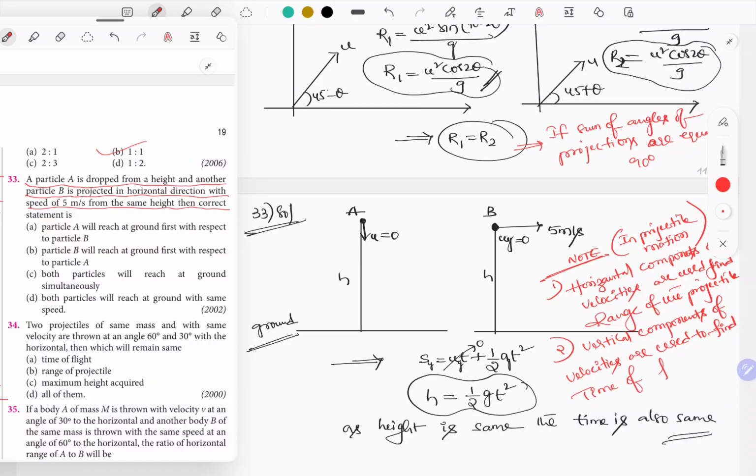Remember, these are used to find time of flight. Hope you understood. So remember these two points carefully. Horizontal components of velocities are responsible for range. Vertical components of velocities are responsible for the time taken by the projectile to reach the ground.